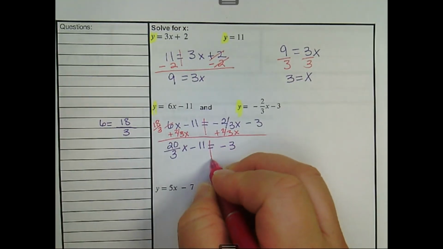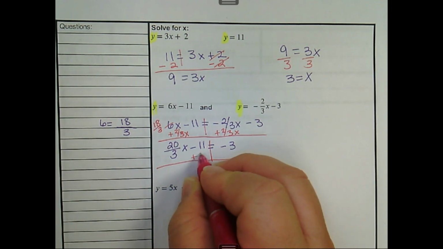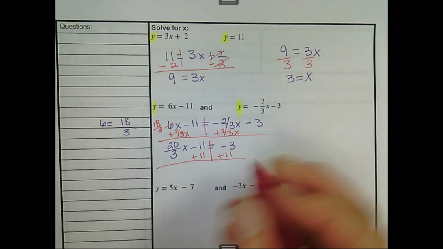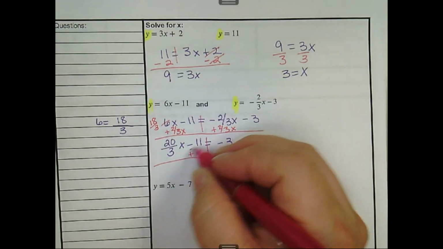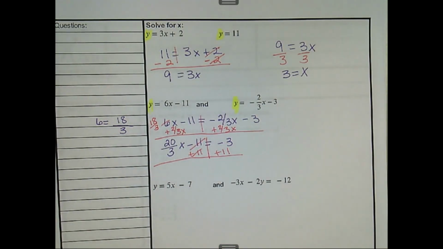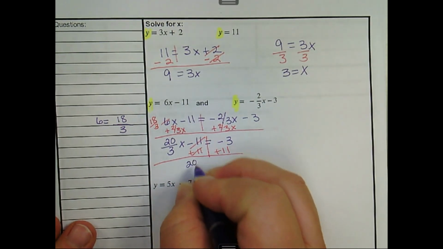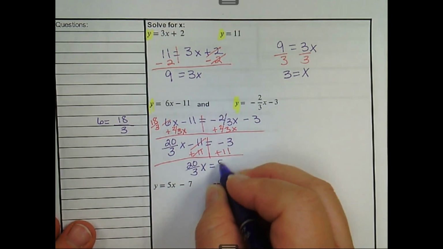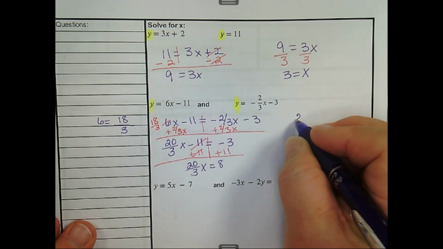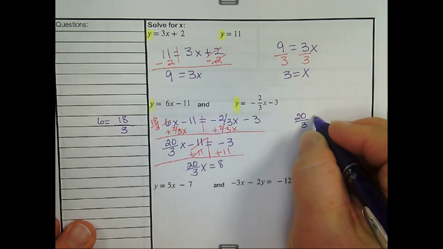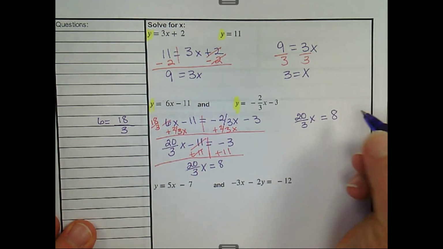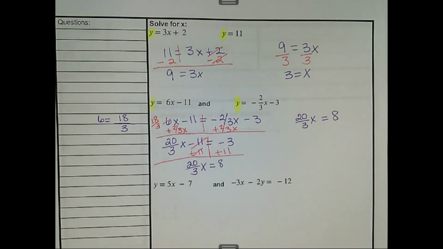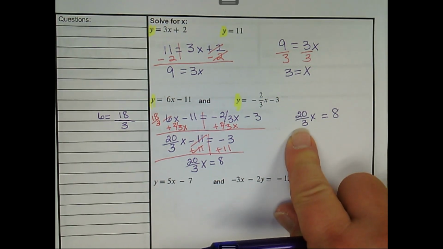I will add 11 to both sides. Negative 11 plus 11 is 0. 20 over 3 x is equal to 8. Now for those of you that are really good, you can multiply by the reciprocal. You can multiply both sides by 3 over 20.